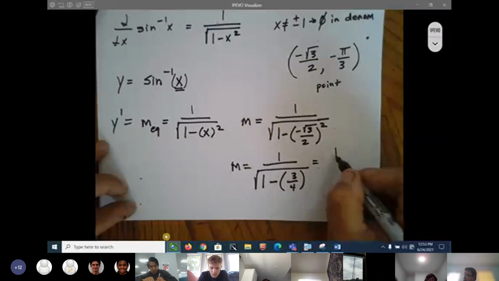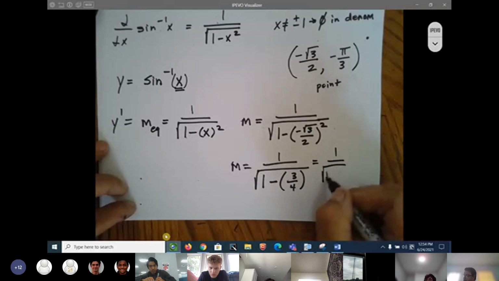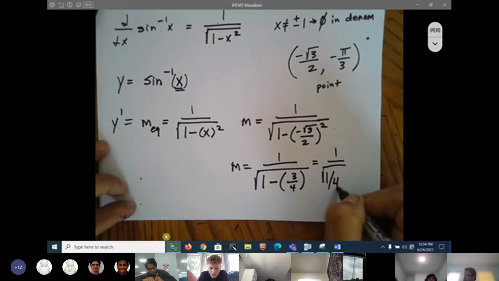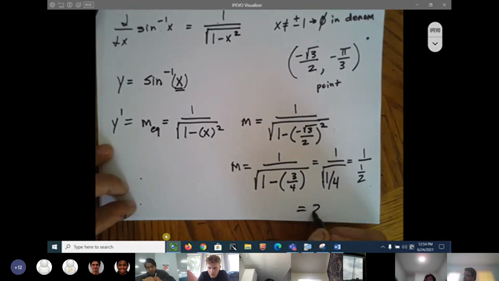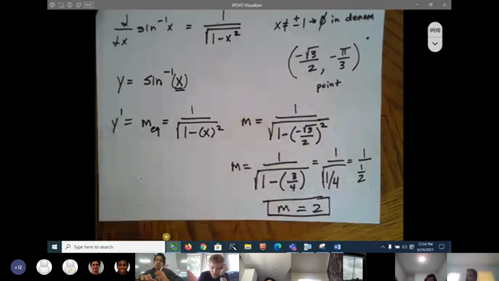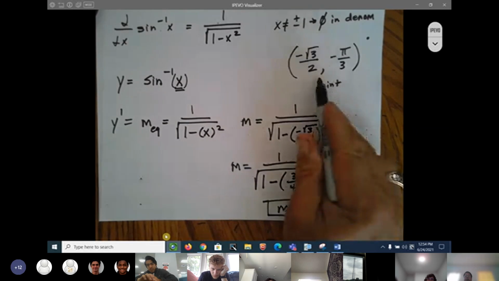And that's equal to 1 over the square root of 1/4, which is 1 divided by 1/2, which is what? So I've got a slope of 2 and a point here.